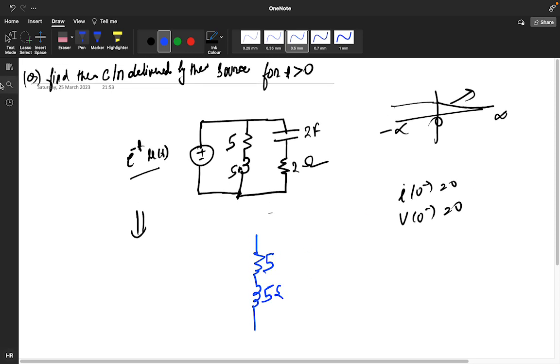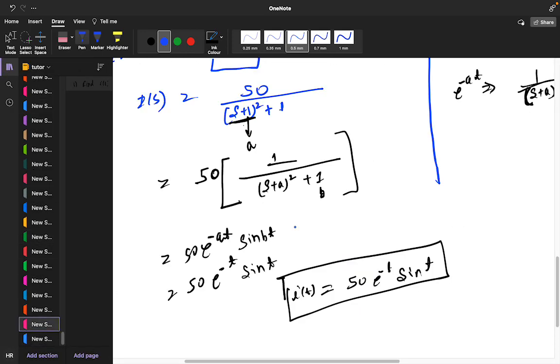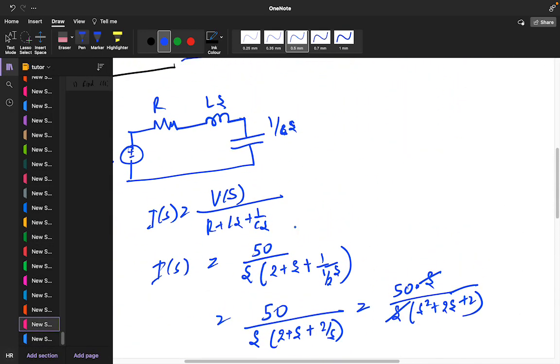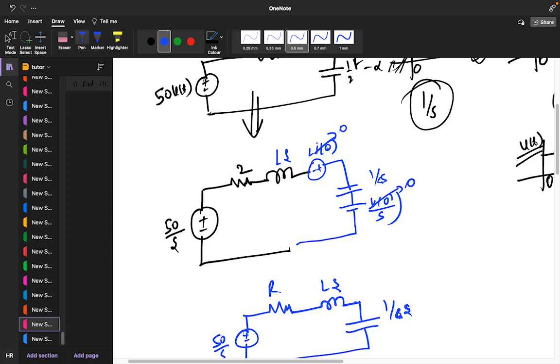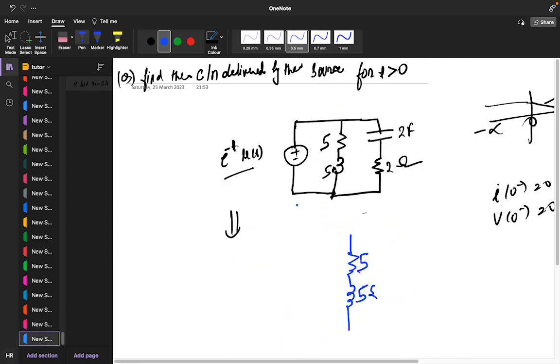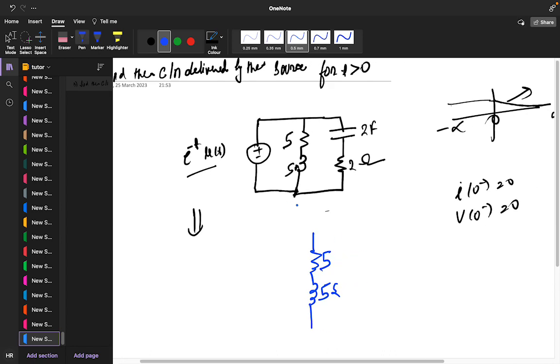What we did in an earlier case, I had written like this, minus Li of 0. I don't want to write it because I know that the initial condition is 0. And this I am directly writing 1 by Cs. So 1 by Cs is 1 by 2s, and this will be your 2 ohm. You are getting the circuit like this.